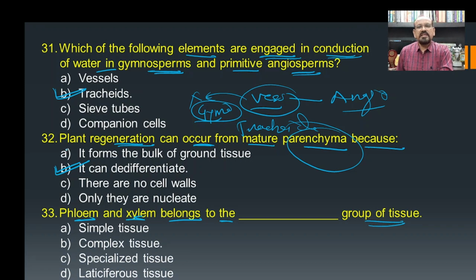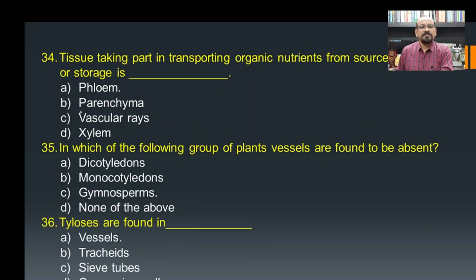A tissue is a group of cells which has similar structure, similar function and similar origin. But the types of cells present in the phloem and the xylem are structurally different from each other, and hence they are known as complex tissues.